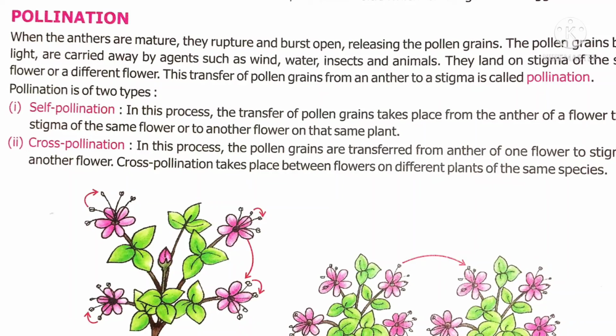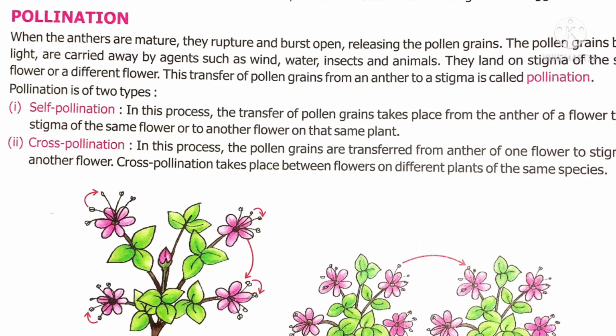In the stamens, pollen grains develop. This pollen grain is transferred to the female part of the flower, the stigma, and then pollination occurs. Pollination that takes place within the same flower is called self-pollination.